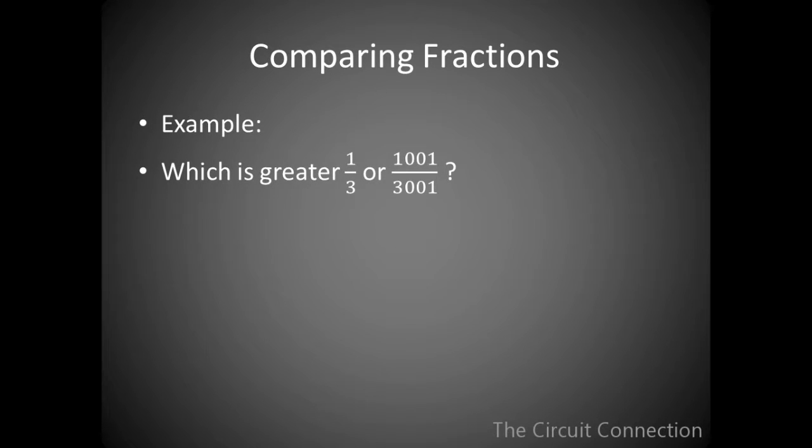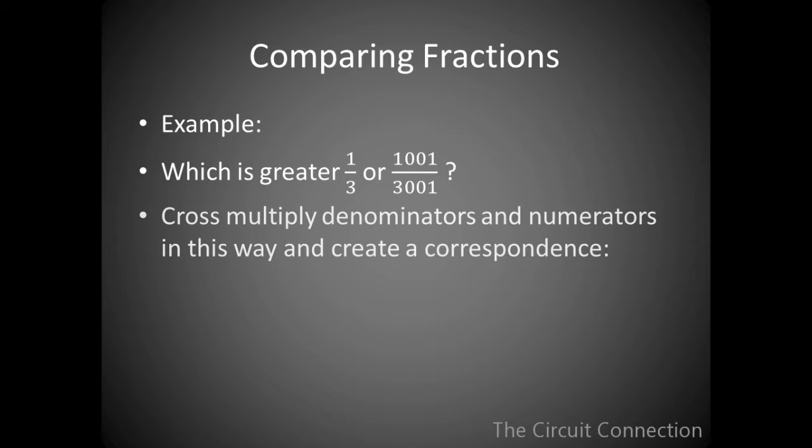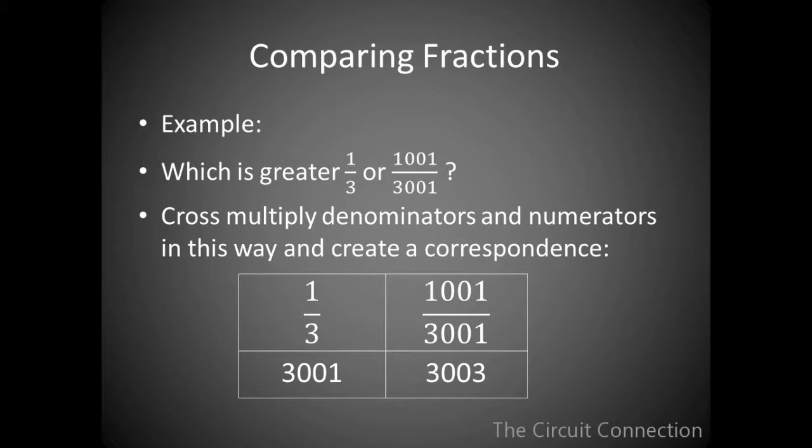So, for example, which is greater, 1 over 3 or 1001 over 3001? Cross multiply the denominators and numerators in this way and create a correspondence. We'll take the 1 over 3, place it into one column on the left here, and we'll take the 1001 over 3001 and put that into a right column.